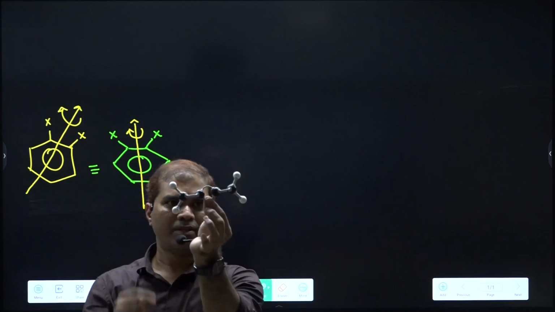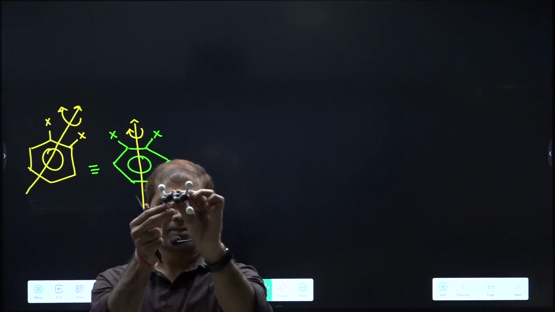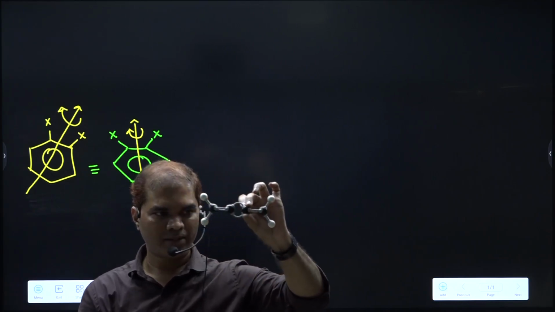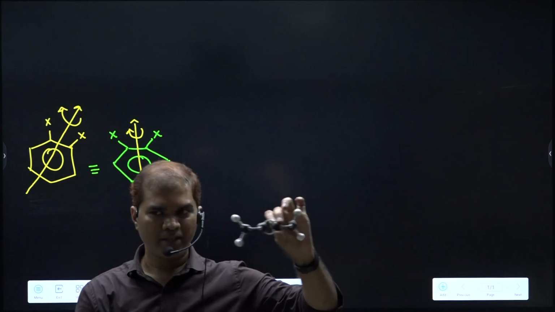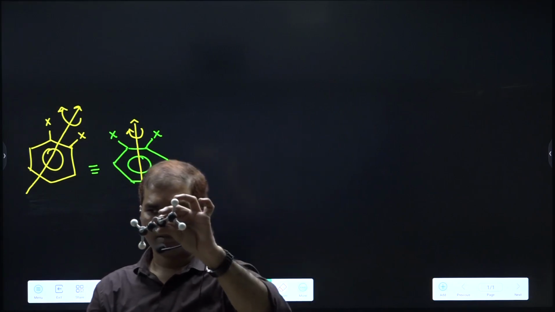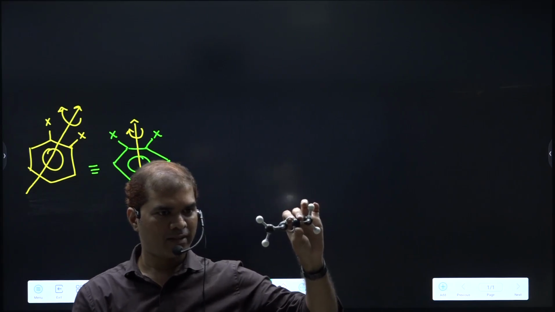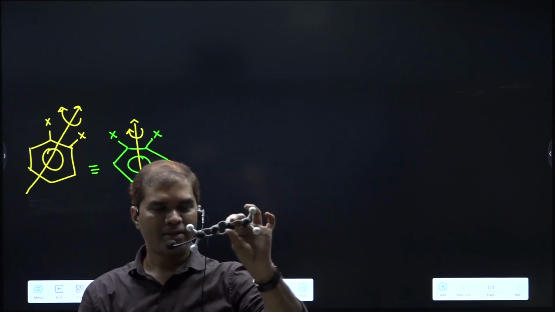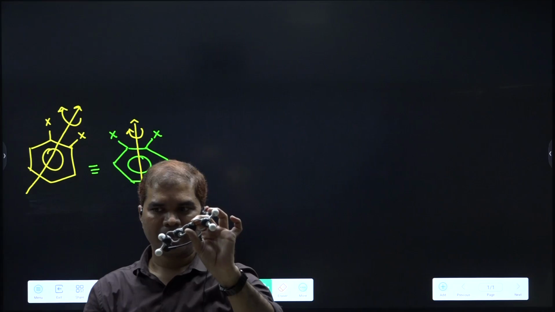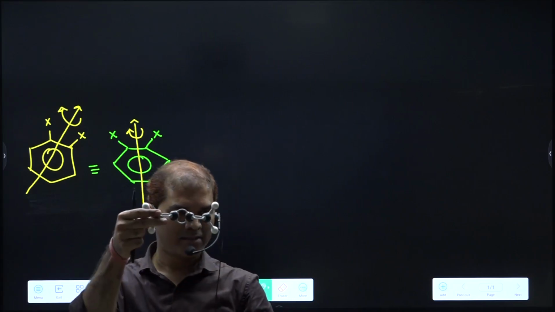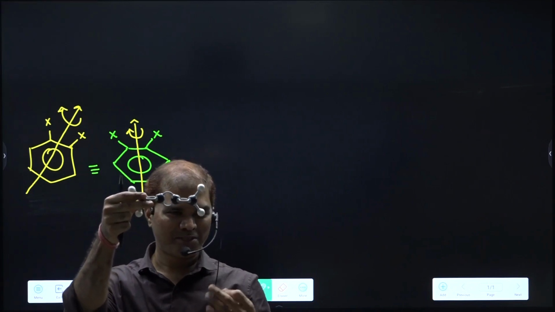What is this molecule? This is butene, butadiene. Which one? Allene. 3 options gone.